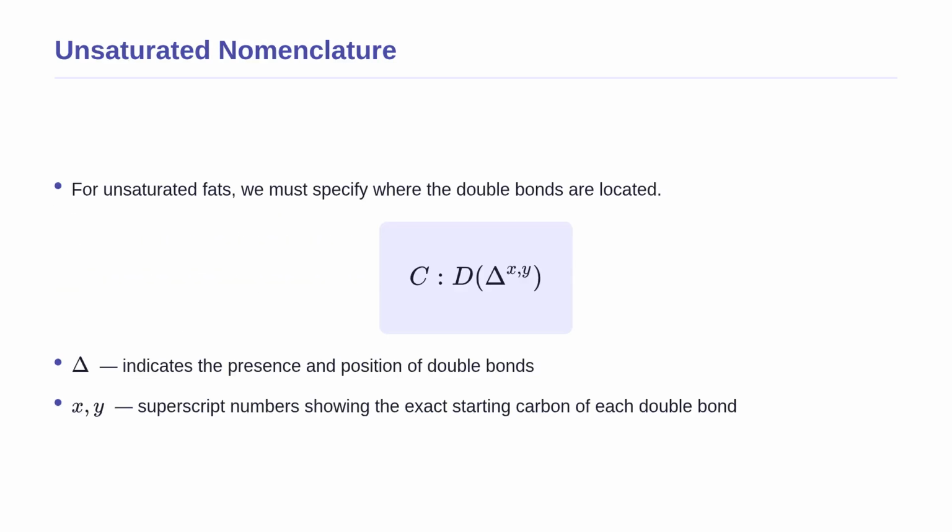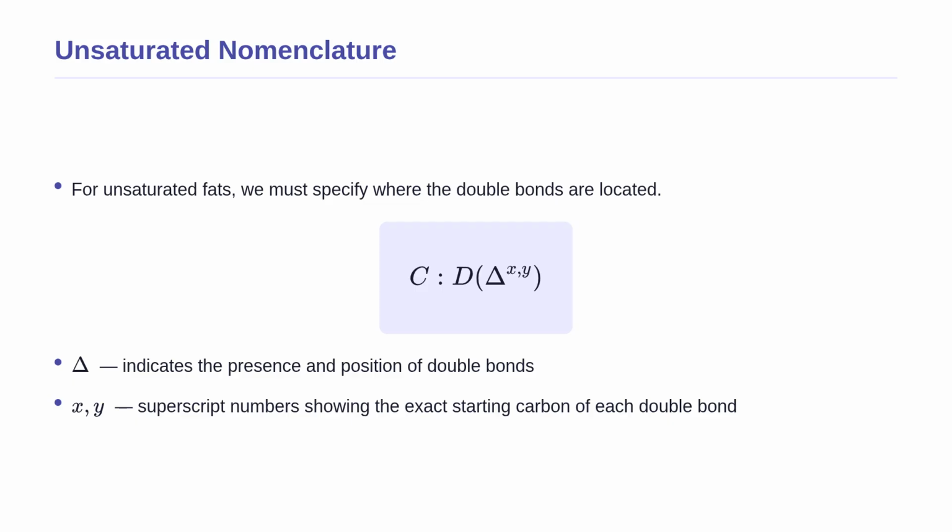Moving on to unsaturated fats, the basic notation isn't enough. We need to know exactly where the kinks are. Biochemists expand the notation to C:D, followed by the Greek letter delta, with superscript numbers X and Y. The delta symbol indicates the position of the double bonds.